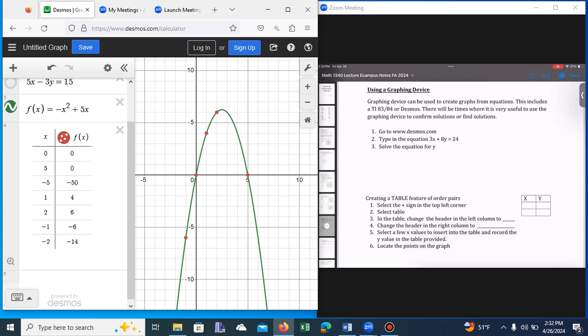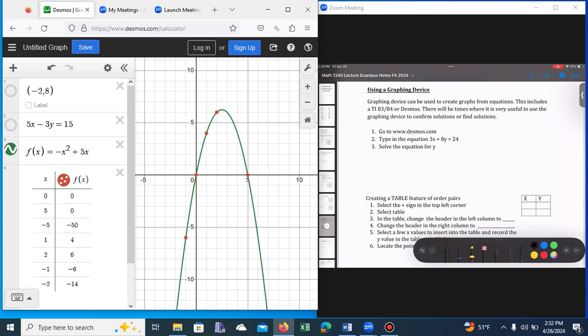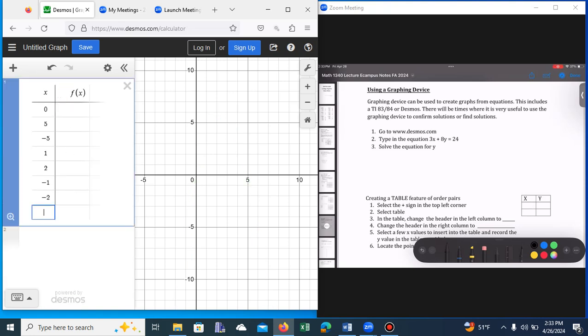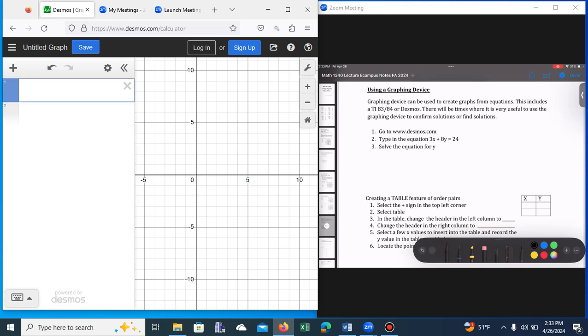Alright, so again, you go to Desmos, you can access this, it's free to everybody. We can type in equations without solving for y, if we just want to graph it. And it graphs the line.